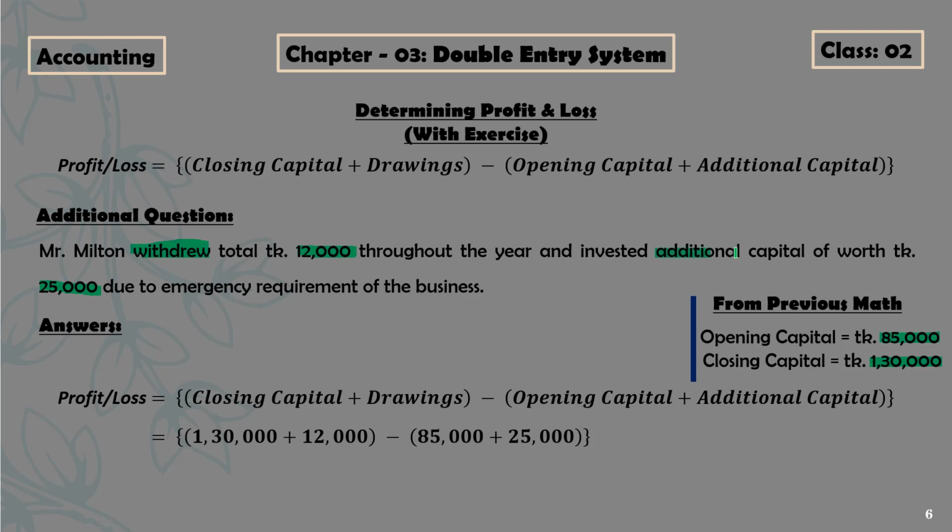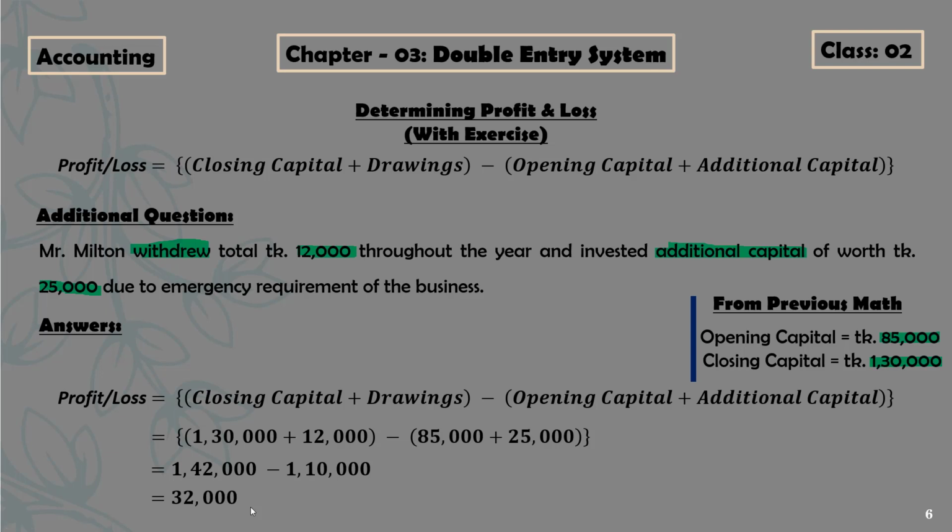I plugged these values into the formula, and now I need to calculate. 1,30,000 plus 12,000 is 1,42,000, and 85,000 plus 25,000 summed up is 1,10,000. So the final result is 32,000, and this is profit.